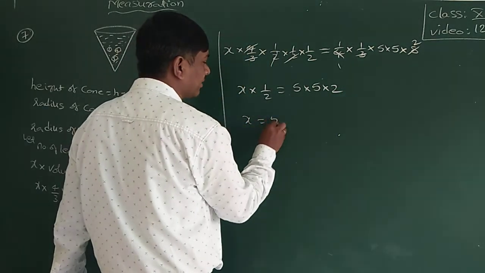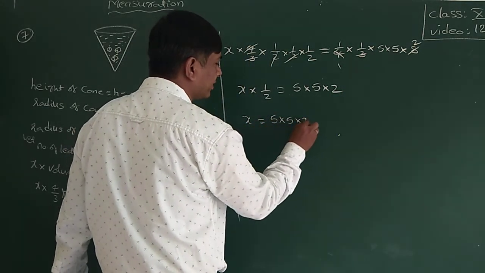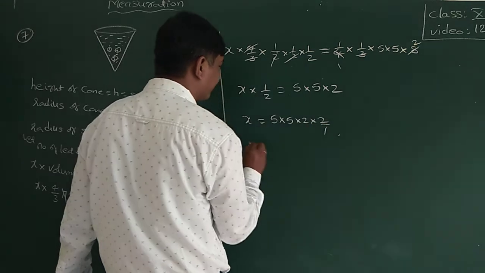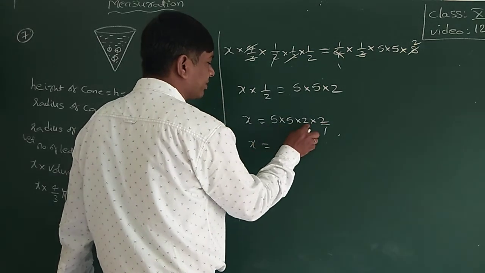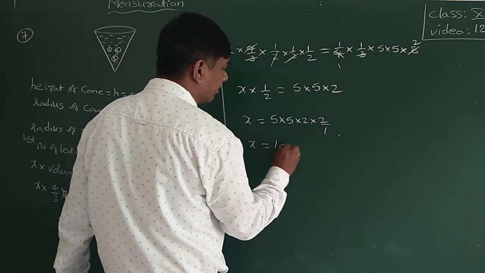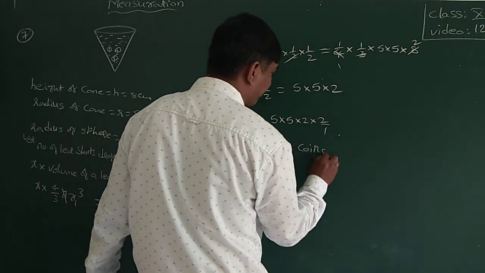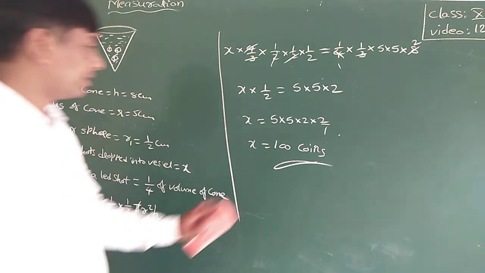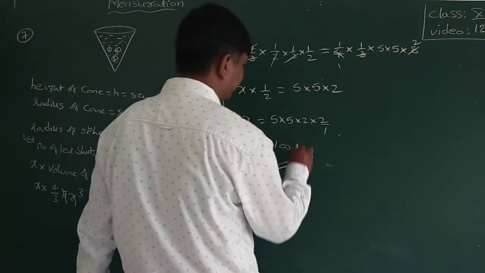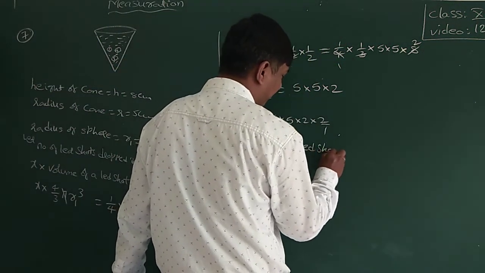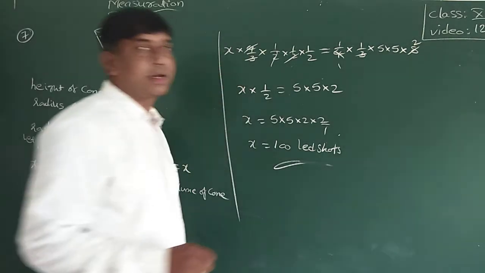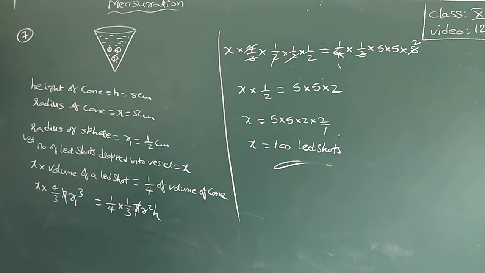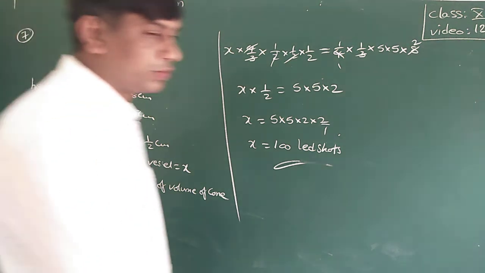Now x is equal to 5 into 5 into 2 into 2 by 1. 5 5s are 25, 25 2s are 50, 50 2s are 100. 100 lead shots are dropped into the vessel so that 1/4 of the volume will come out.